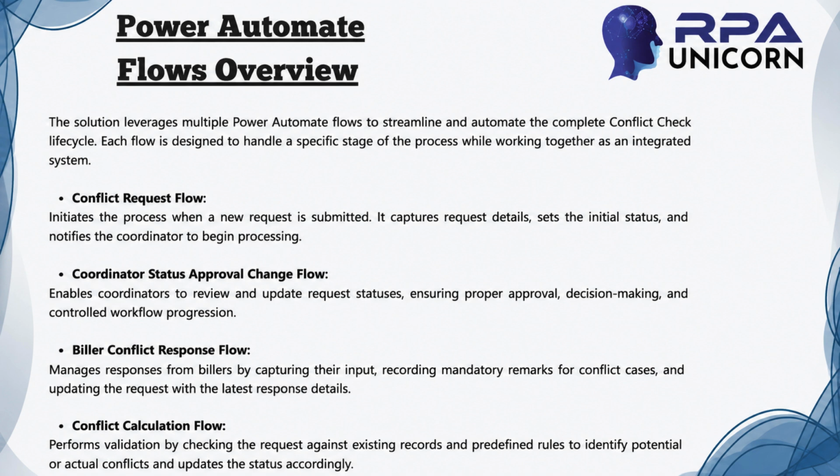Feedback is handled by the biller conflict response flow, which captures biller input and enforces mandatory remarks when a conflict is flagged. Finally, the conflict calculation flow automatically evaluates the request against existing database records and predefined rules to pinpoint potential conflicts and update the status. Together, these automated workflows ensure the entire process is fast, accurate, and completely hands-free.